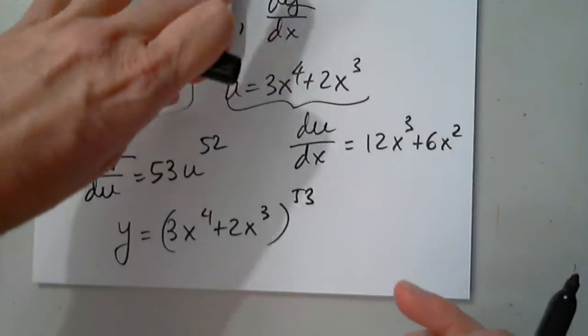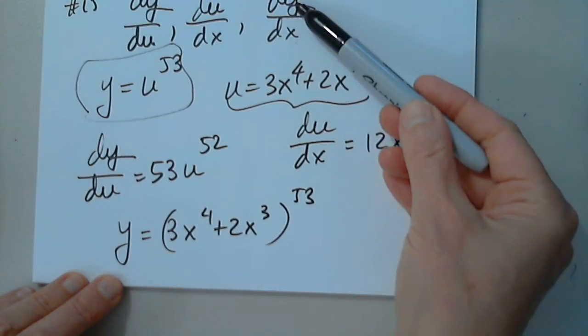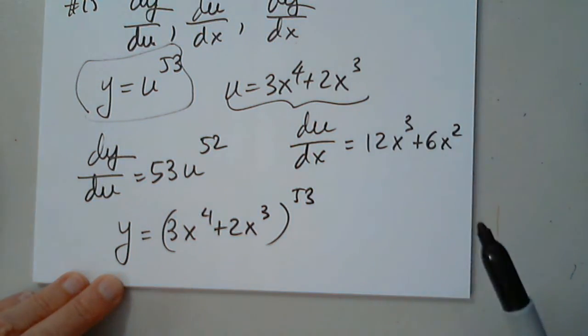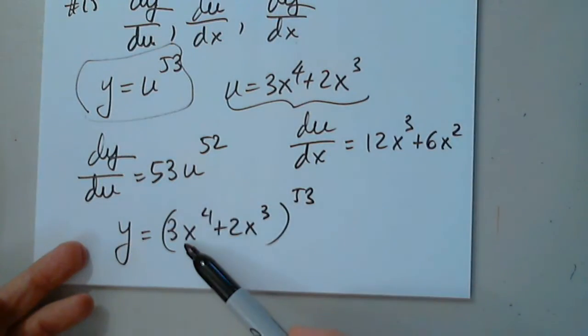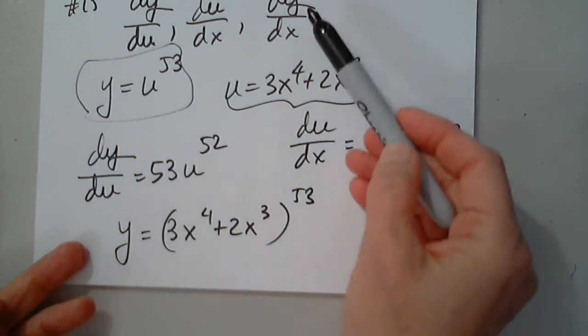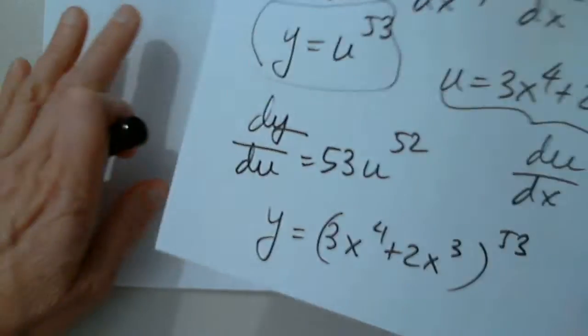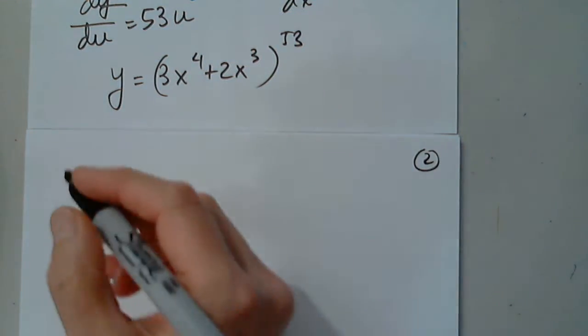I shouldn't say easiest, maybe the other one is easier sometimes. All you have to do is find dy over dx. So now finally, y is a function of x, so I can differentiate. It's all a little puzzle, basically.